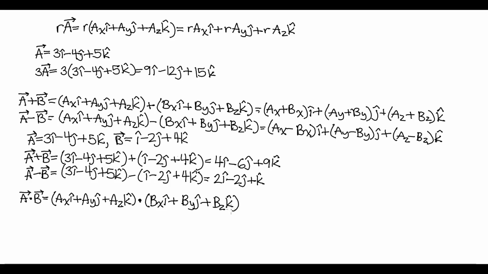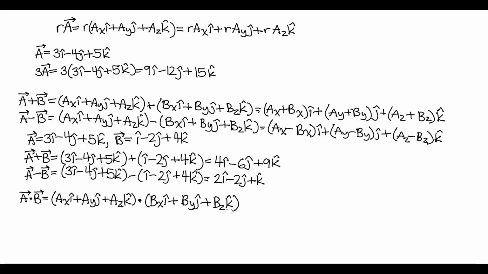Now, you could remember I said the dot product had a distributive property, right? So you could easily derive this expression by distributing and multiplying as you would with actual polynomial terms. And you realize that i dot j, i dot k, and all of that, because i, j, and k are perpendicular to each other, will result in the dot product being 0.